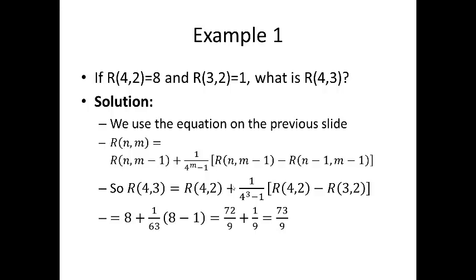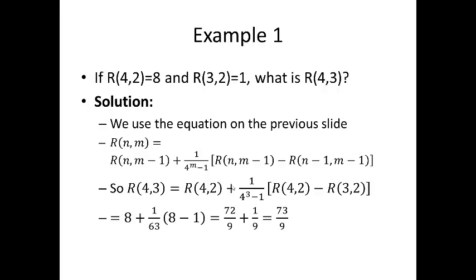That's 8 plus 1 over 63, since 4 to the third is 64, minus 1 is 63, times (8 minus 1). Doing a little bit of fraction work here, we get 72 over 9 plus 1 over 9, and that gives us a total of 73 over 9. Now, nice and easy, isn't it?